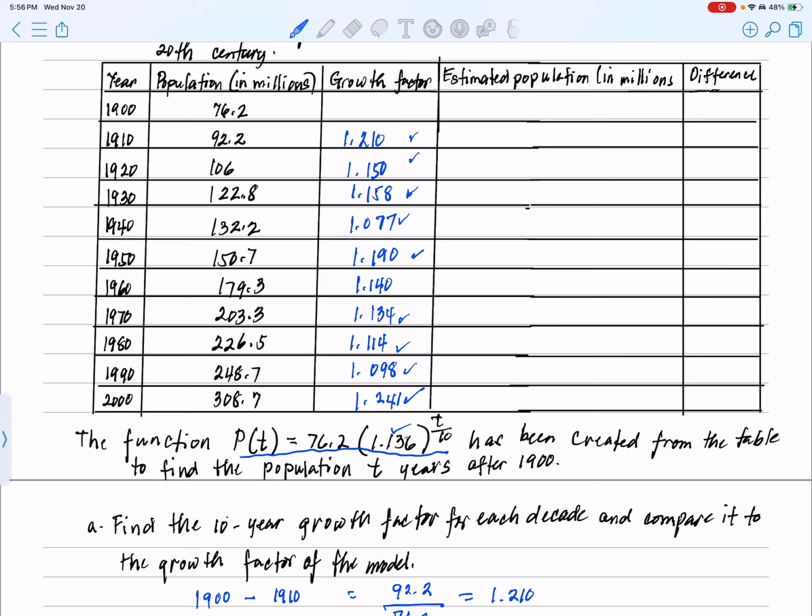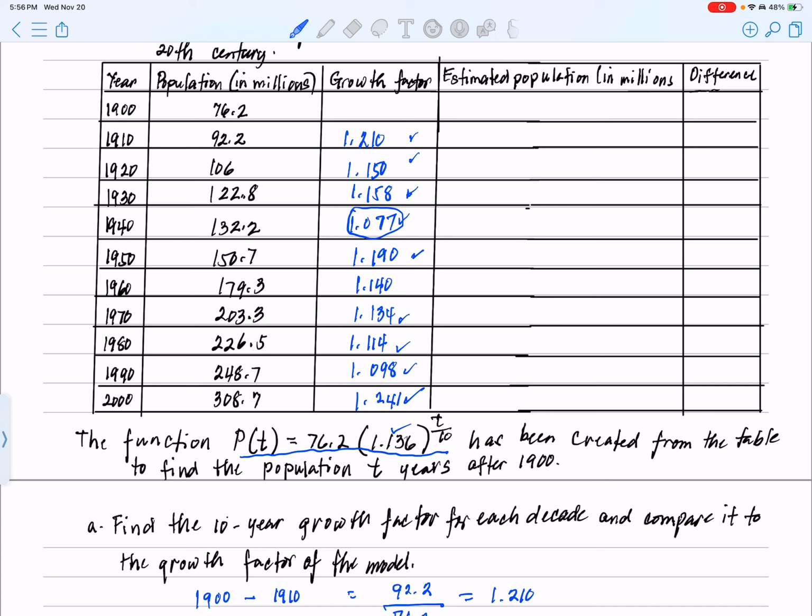The decade from 1930 to 1940 had a very small growth rate, which is likely due to the Great Depression, but other historical events might have influenced population growth.